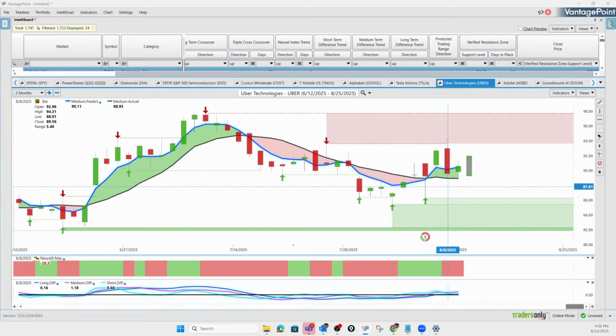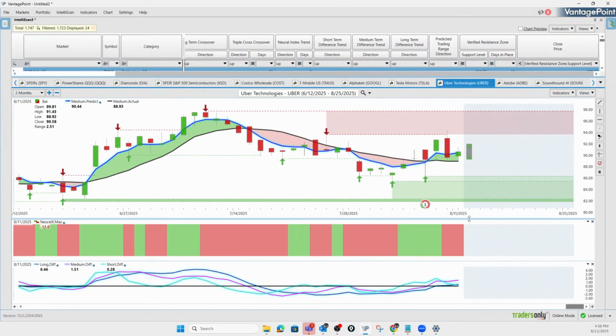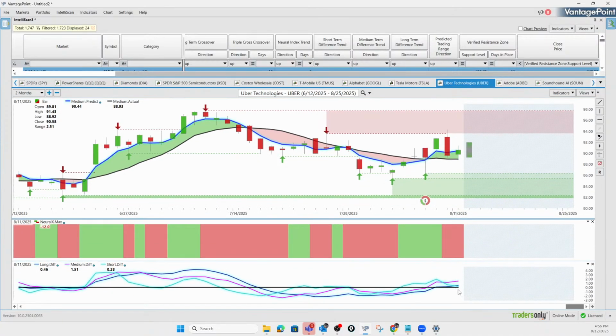So let's take a look at Uber here. So on Uber, we can see we do have a predictive crossover. All right. A little bit more concern on Uber because we do see this neural index is bearish as well. Now, we also see that we have our predictive differences, which are honestly a bit sideways, for lack of better terms, right?